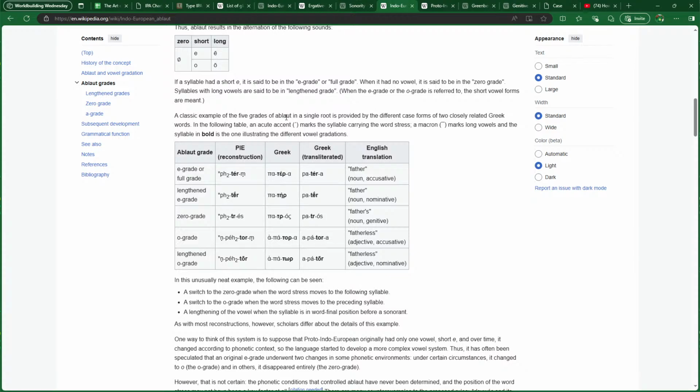The 5 grades of Allah in a single root is provided by different case forms of two closely related Greek. Oh, it's just shown here. So, ter, ter, ter, tor, tor. So the main root of it.